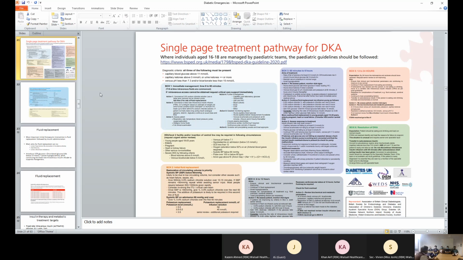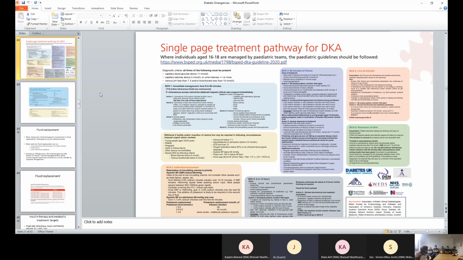Because of the insulin deficiency, there is significant fluid loss and multiple electrolyte imbalances. That's the one arm. The other arm is unchecked gluconeogenesis, resulting in significant ketosis and acidosis. If we address those two, that is the management of DKA.